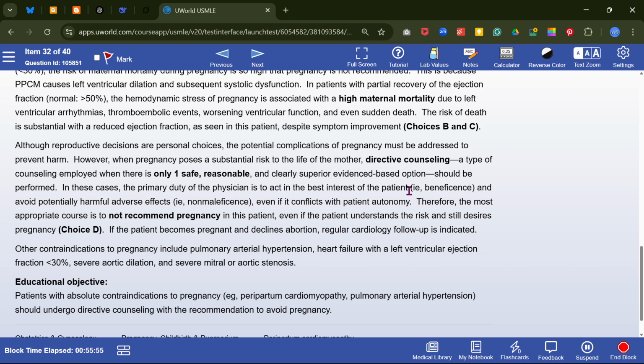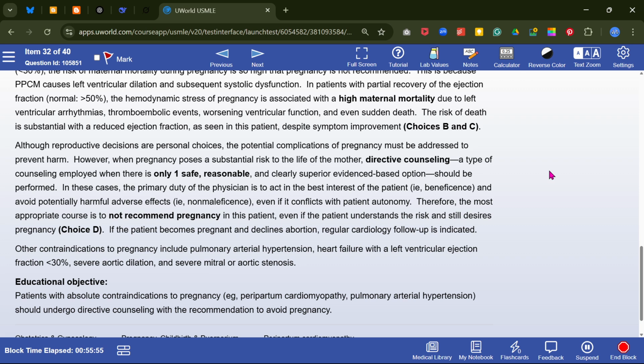In this case, the primary duty of the physician is to act in the best interest of the patient's beneficiaries and avoid potentially harmful adverse effects, or non-maleficence, even if it conflicts with the patient's autonomy.